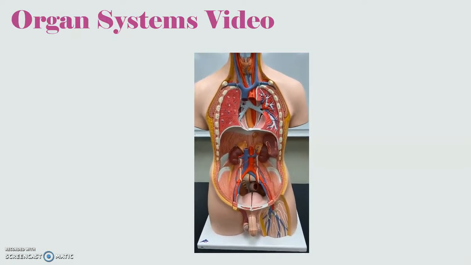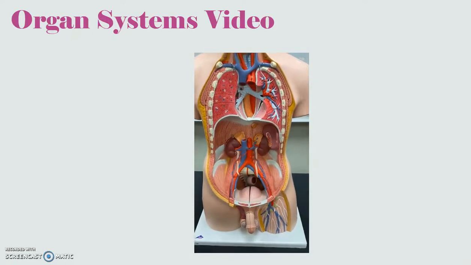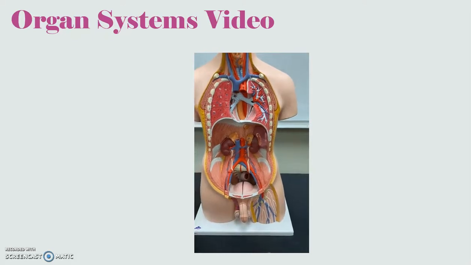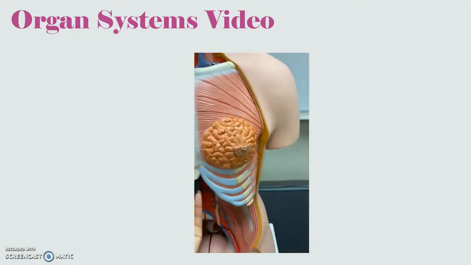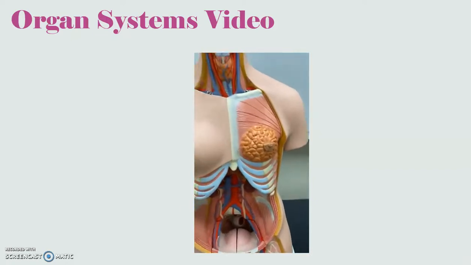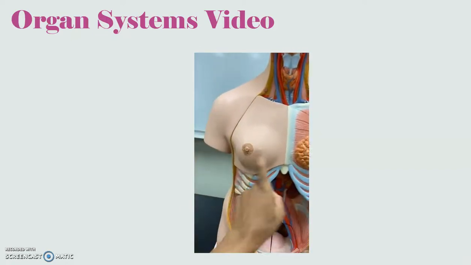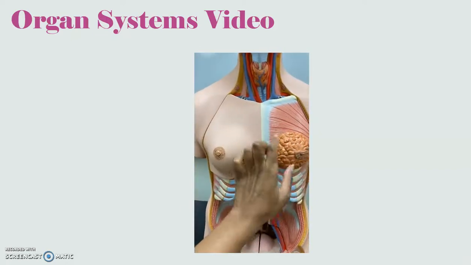Our next system will be the reproductive system, since we're here, okay? So our model is both male and female, okay? Female because it has a lot of mammary tissue.